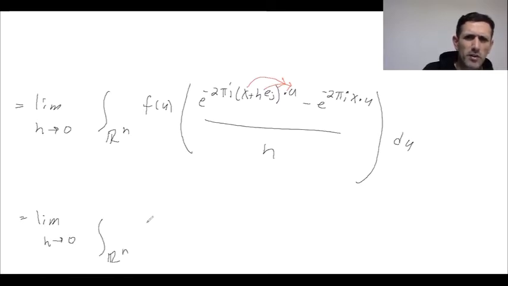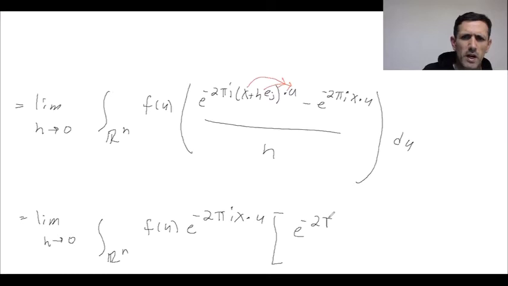I'm going to factor out an e to the minus 2 pi i x dot u. So I just get e to the minus 2 pi i h times uj, and again, uj is the jth component of u, minus 1, all over h.